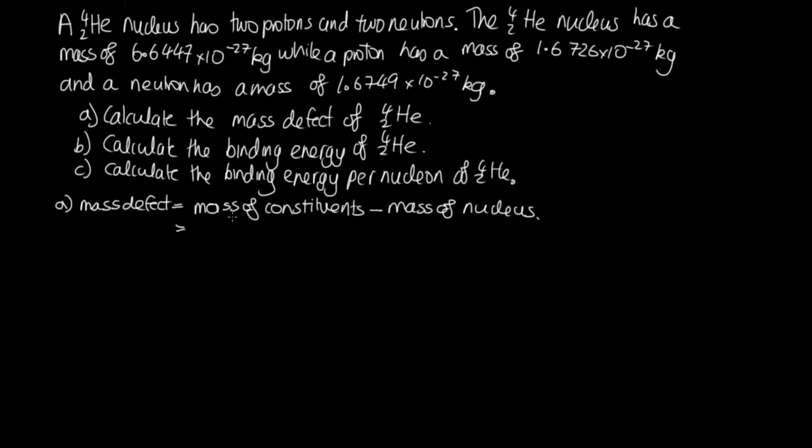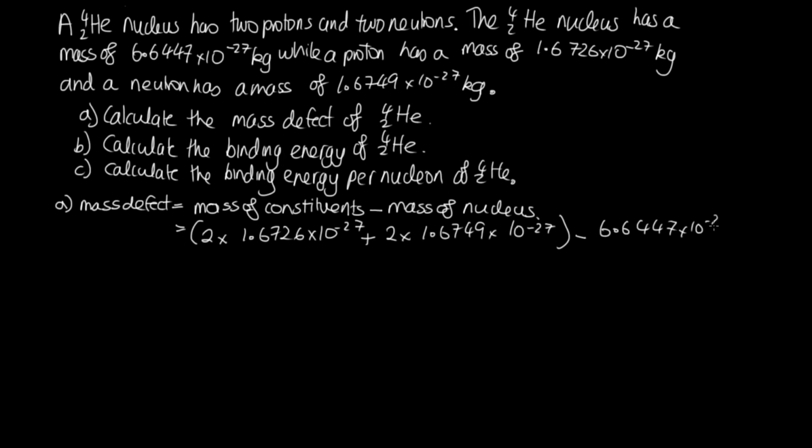Okay, so the constituents that go in, we have 2 of these protons, so this is 2 times 1.6726 times 10 to the minus 27, and then we've got 2 of these neutrons as well. So this part is the mass of the constituents, and now we have to subtract off the mass of the nucleus. So we're told the mass of the nucleus here, so this is 6.6447 times 10 to the minus 27, and everything there is in kilograms.